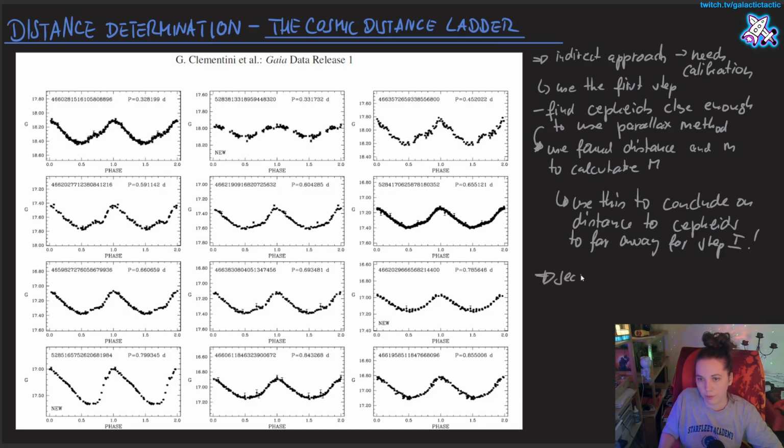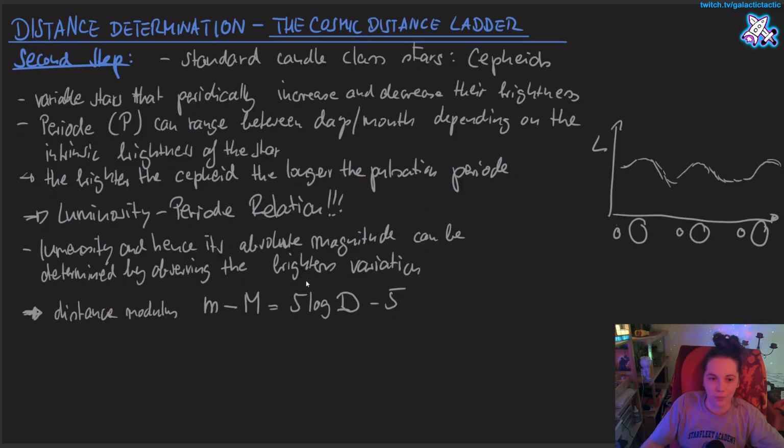The second step depends on the first step. We use the distance modulus, right? We determine the distance, we know the apparent magnitude, we can get the absolute magnitude, and then get the luminosity period relation.